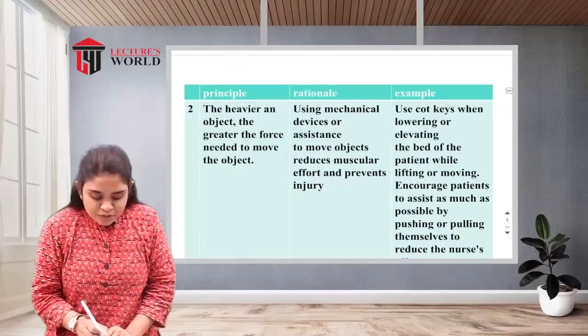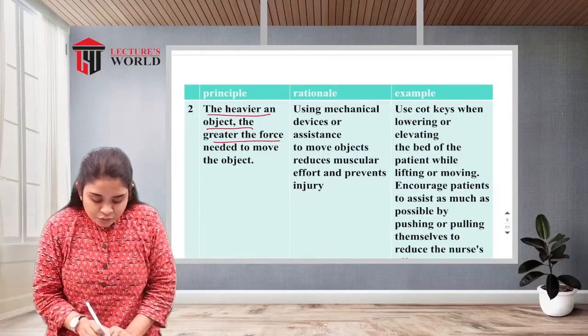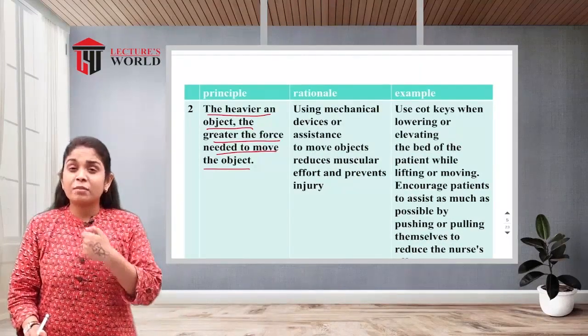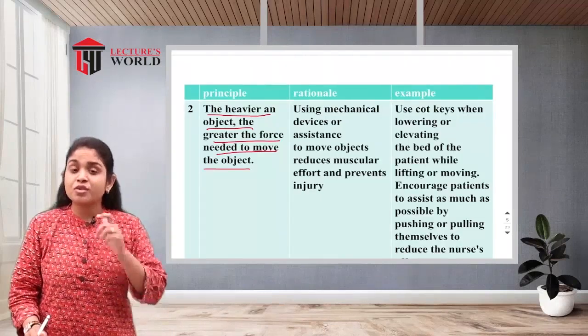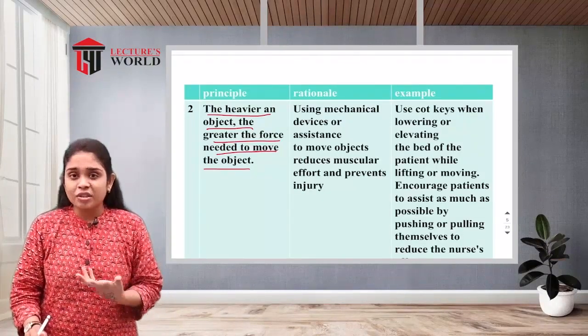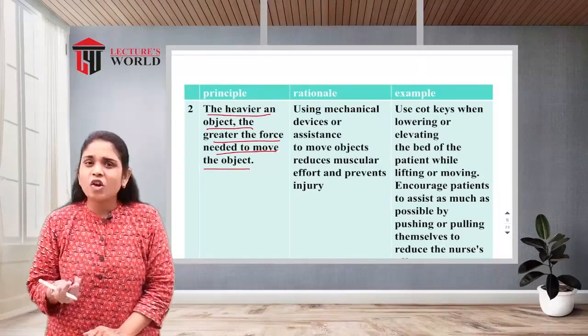Then the second principle: the heavier an object, the greater the force needed to move the object. If any instrument or machine is very heavy, you have to use extra energy. The rationale given is that this is a normal phenomenon.